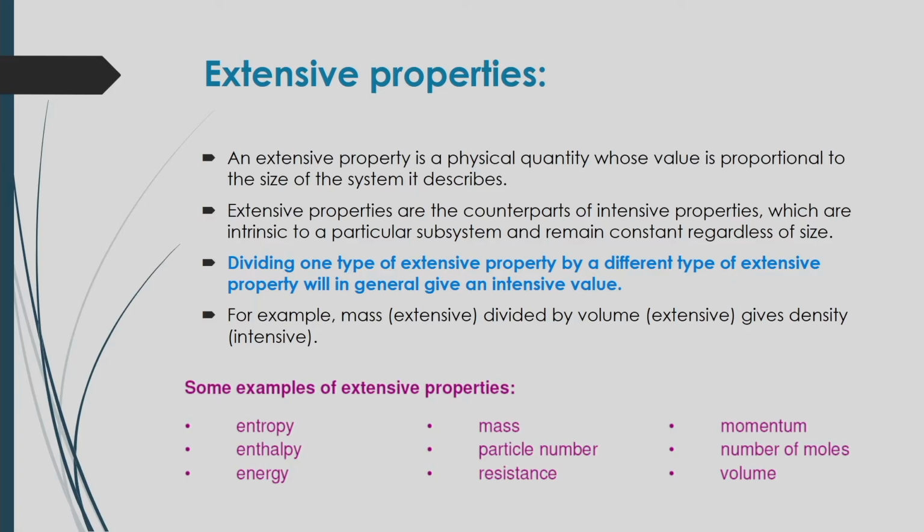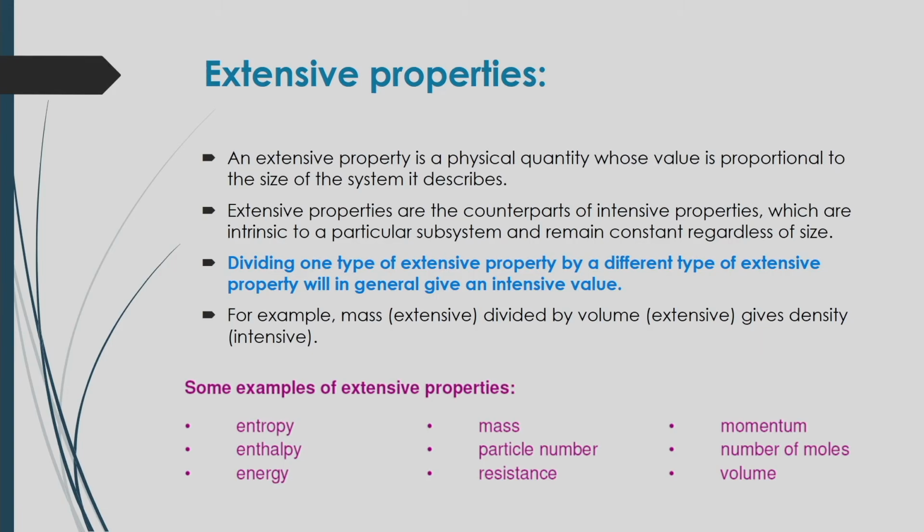Now, if you divide one type of extensive property by a different type of extensive property, you will see that the property as a whole will become an intensive property.